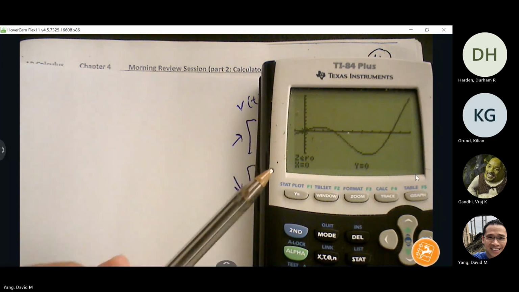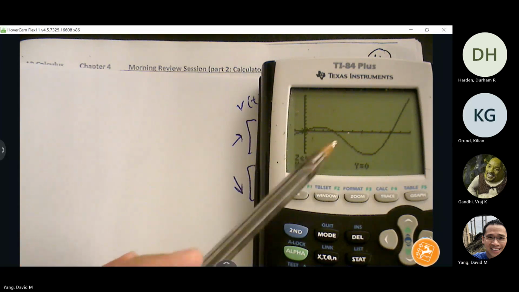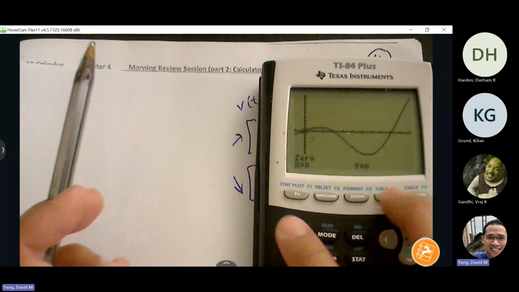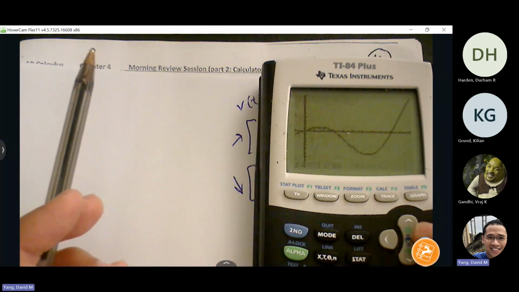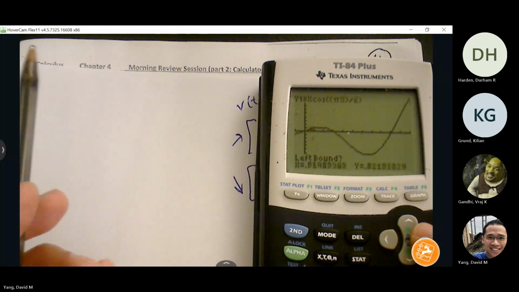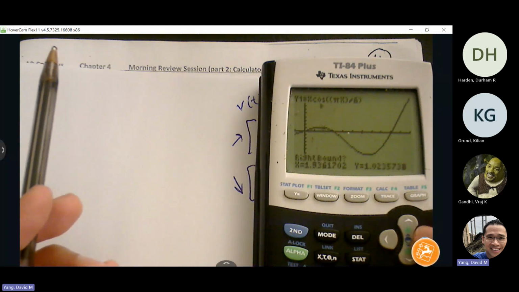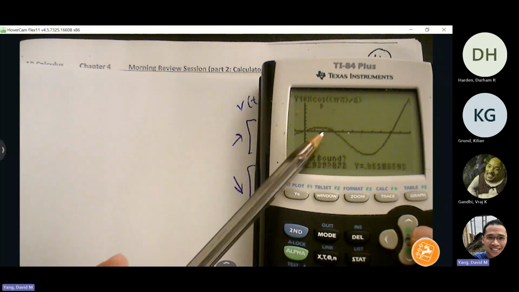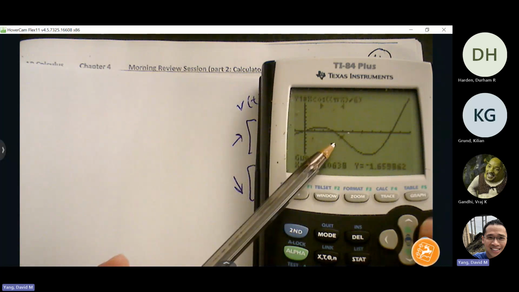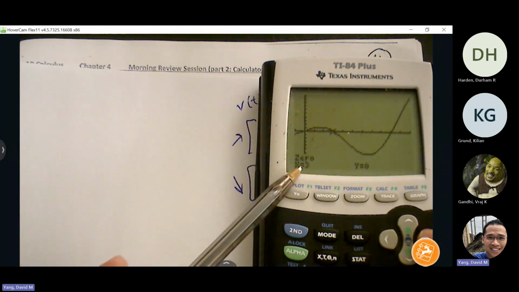Next up, we can find another x-intercept by doing second trace 0 again. Pick a point to the left of the x-intercept. Pick a point on the other side of the x-intercept, hit enter. This time I get 3.